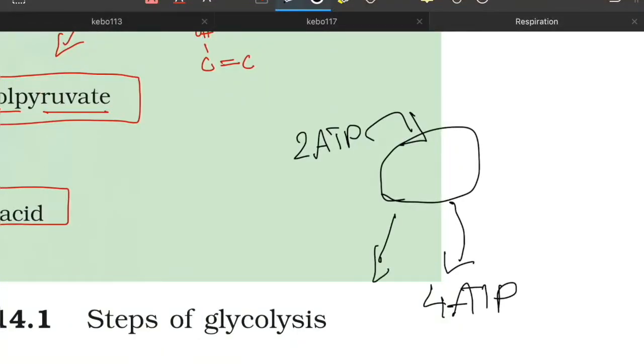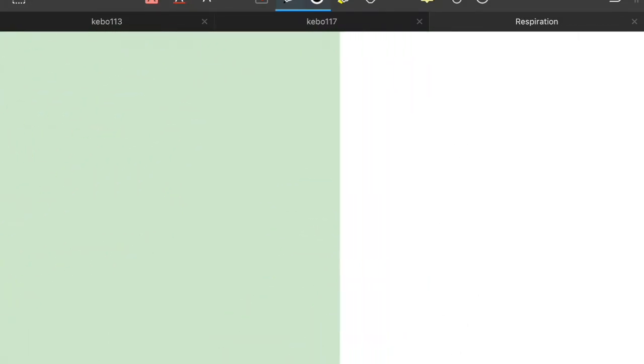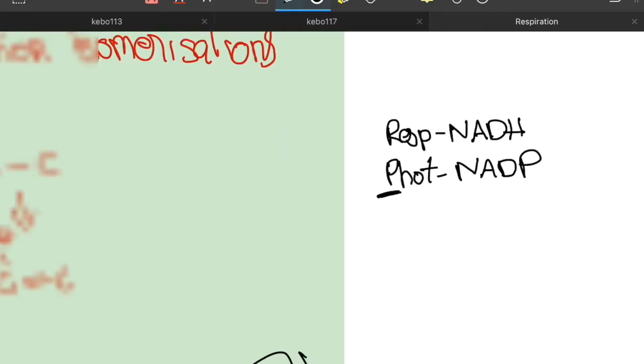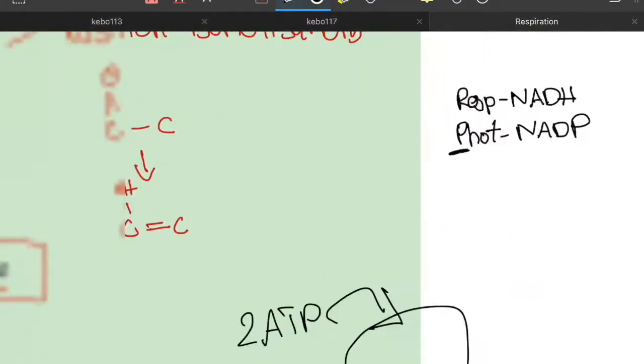And we have 2 NADH. Observe this one thing: in respiration, we only care about NADH, whereas in photosynthesis, P for photosynthesis, NADP will be the assimilatory power there. Please don't confuse this.